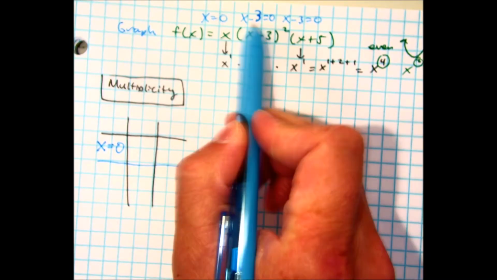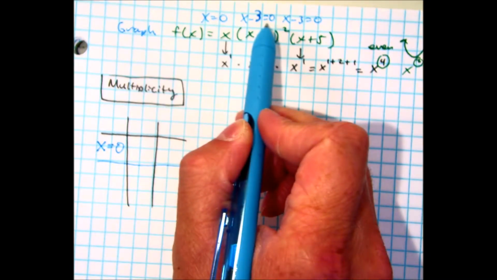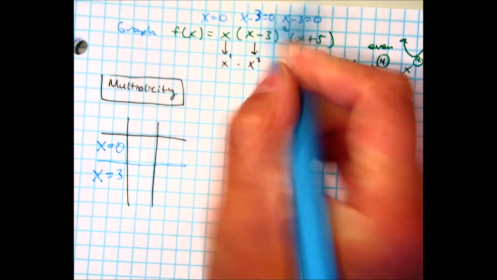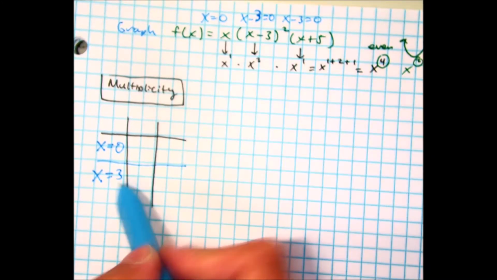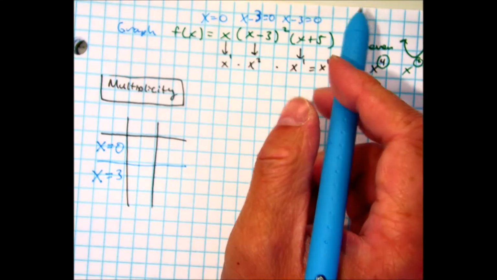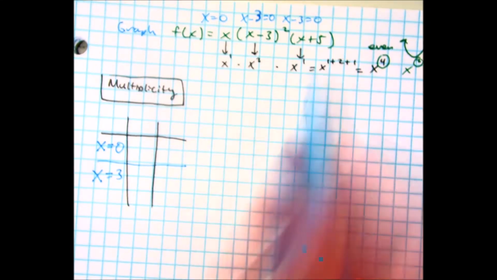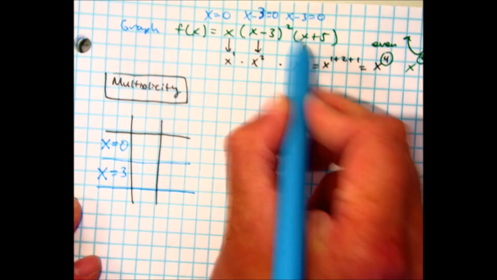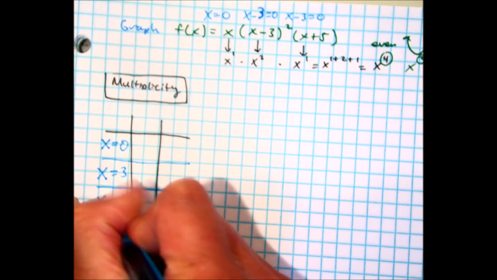The next one, if I solve this, says x equals 3. Now, pay attention. I don't want to write the x equals 3 twice. So that's why they call it a double root. And then this one class will be x what? X equals negative 5.